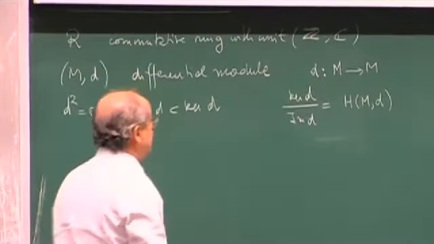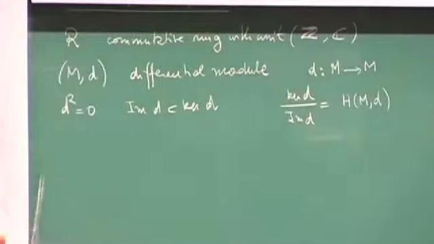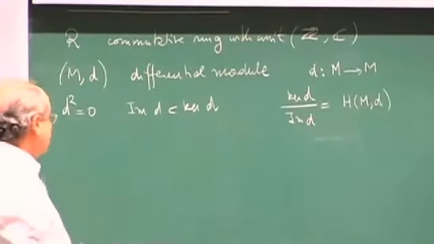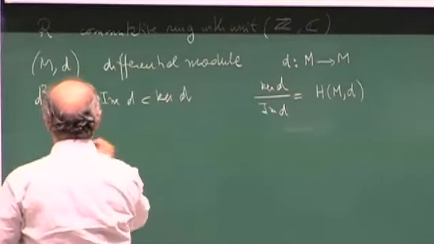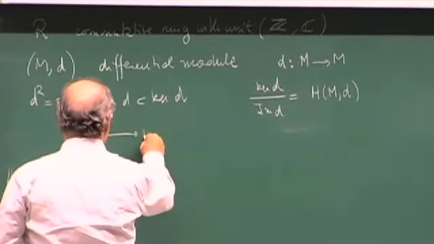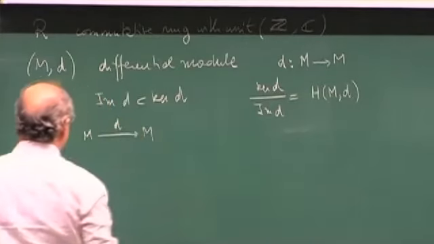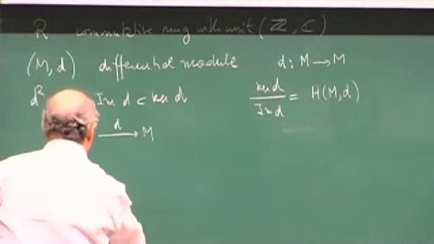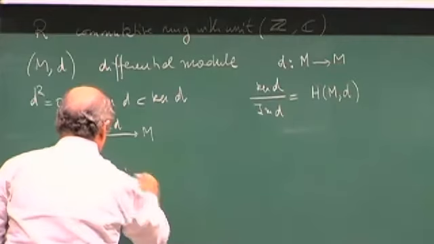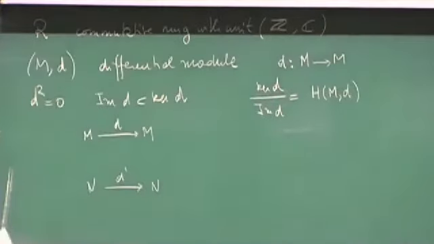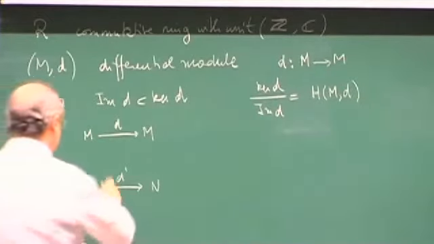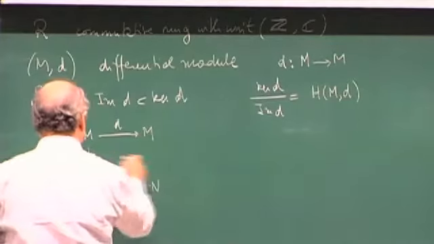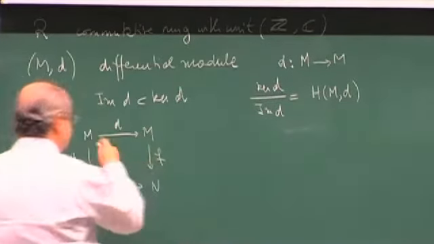We shall need to consider a situation where we have maps between differential modules. If we have two differential modules, say (M, d), therefore we have a map d from M to M, and (N, d'), the very natural notion of homomorphism between these two objects is that we have a morphism f between the modules, and this commutes with the differentials.